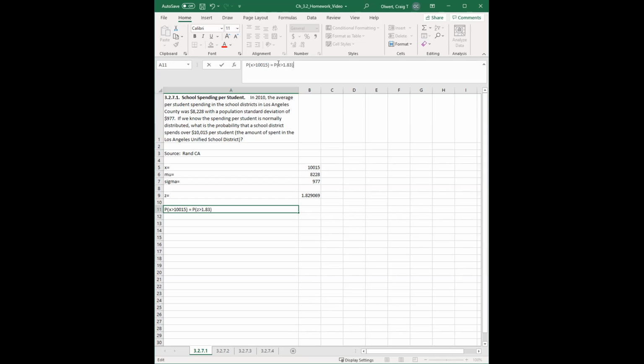The table and the Excel formulas do not give us the area to the right, the greater than, but the area to the left, less than. But the total area under the curve is 1. So the area to the right is equal to 1 minus the area to the left, or for this problem, 1 minus P, the probability that Z is less than 1.83.